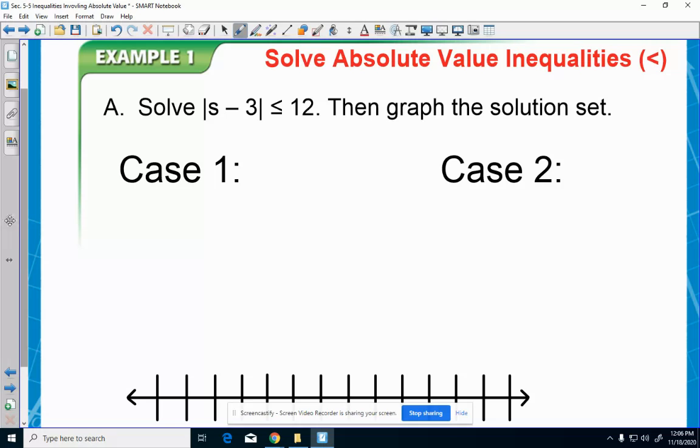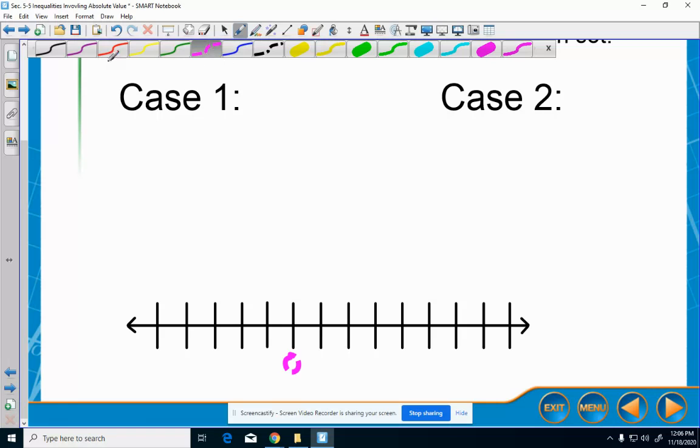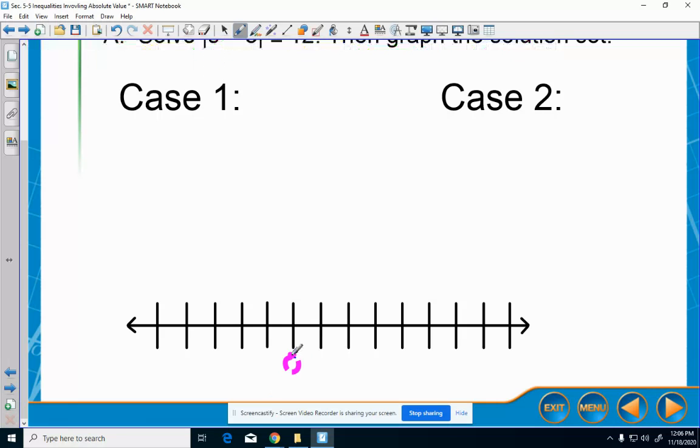Okay? So, thinking about this in a graphical context, there's 0. If this was 3, 6, 9, 12, 15, and 18.